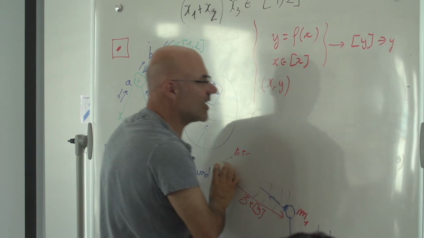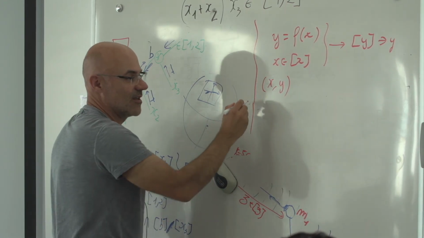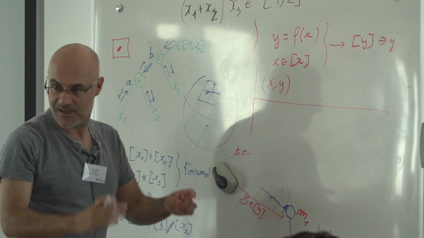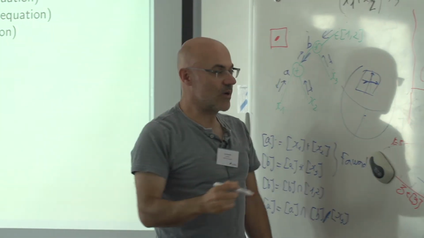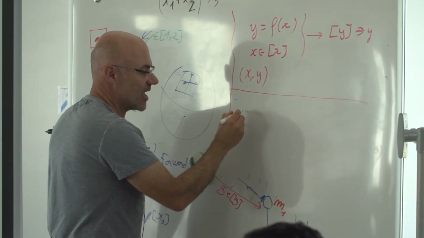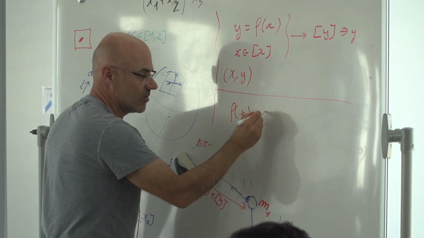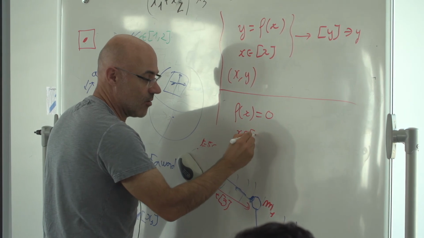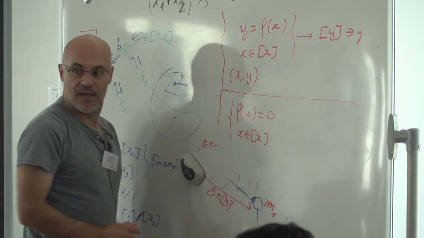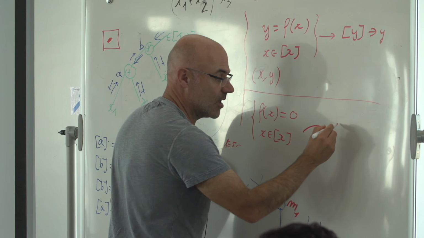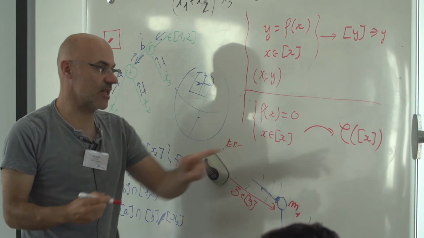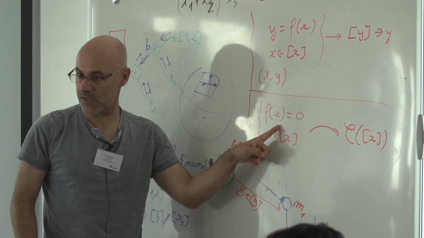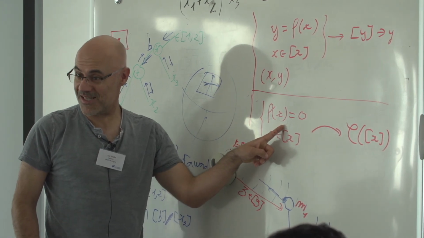Whereas if you have an equation, here it's a function: I have a box, I have a function, I compute the image of the box. But when I have a contractor, it's not like this. I have a function such as f equals 0. I have a box for x, and the contractor computes another box for x without losing any solution with respect to the constraint. So it's not the same.